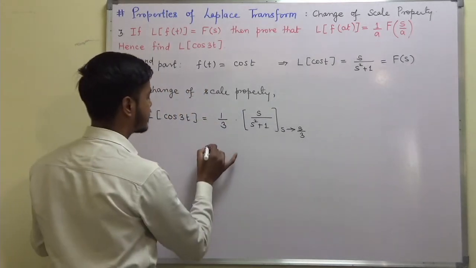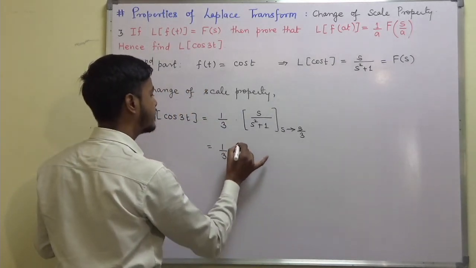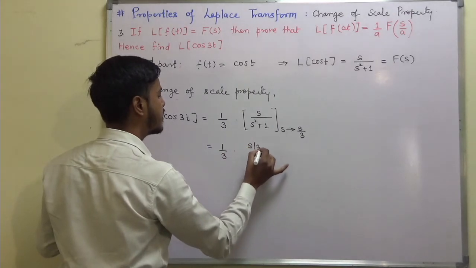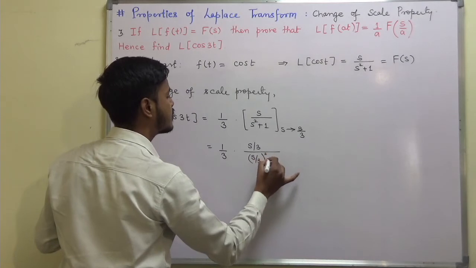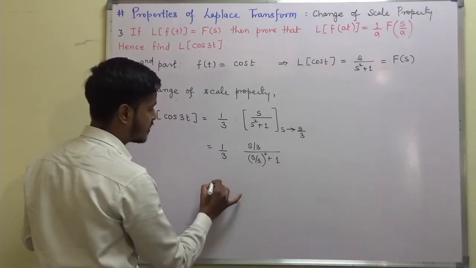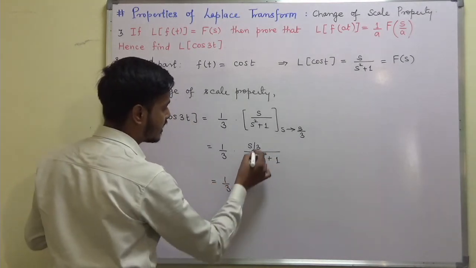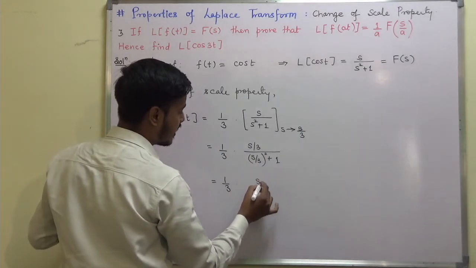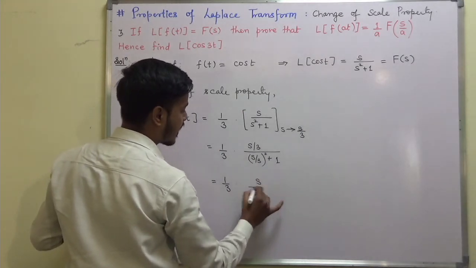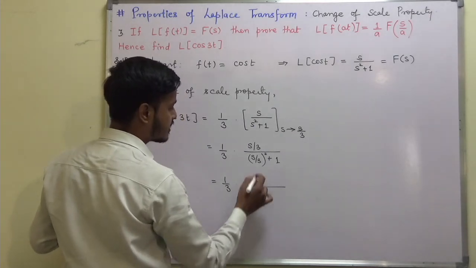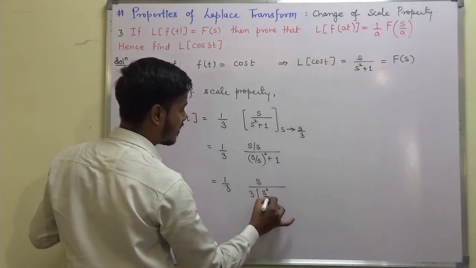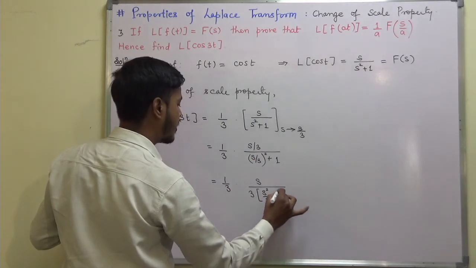Okay, so this is 1 by 3 into s by 3 upon s by 3 whole square plus 1. So this is 1 by 3. This can be written as s upon 3 into, what is it? This is s square by 9 plus 1.